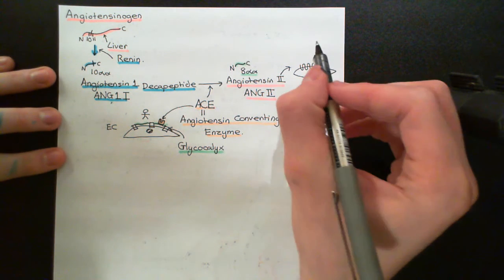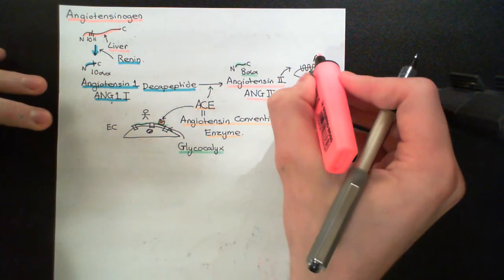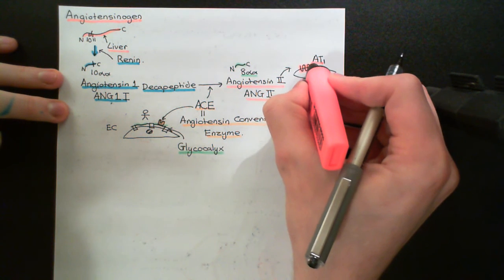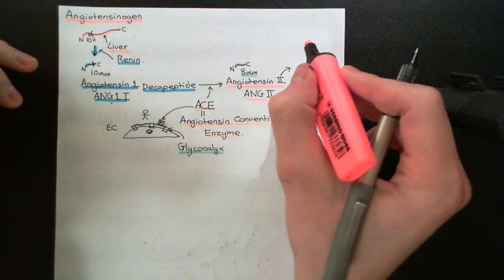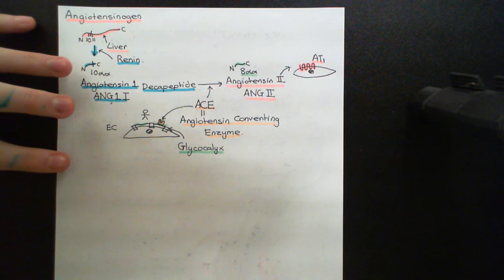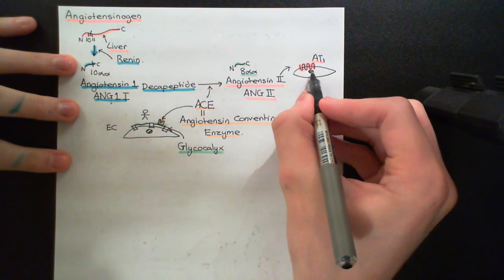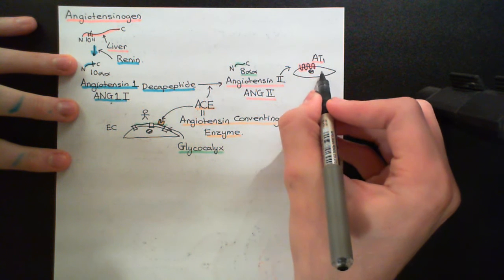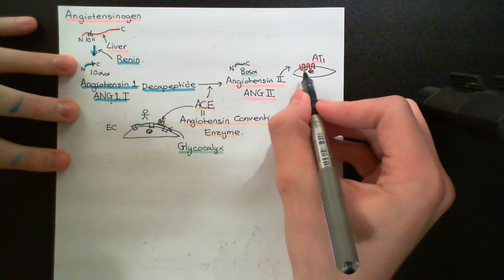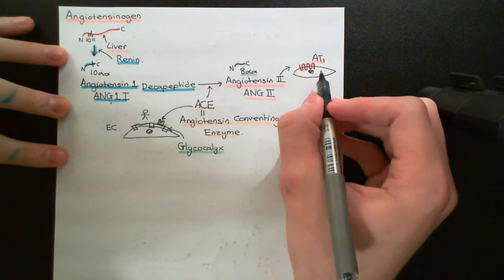So there are different subtypes of receptors for angiotensin. This is the subtype 1 receptor for angiotensin 2. Okay, so do not interpret that as a receptor for angiotensin 1. It is not. It's a receptor for angiotensin 2. So the AT1 receptor, the angiotensin 2 receptor subtype 1. And this receptor is going to couple to the Gq cascade, which will overall result in the release of calcium from the endoplasmic reticulum inside these cells into the cytoplasm, and that calcium will then drive the contraction of the vascular smooth muscle cells.